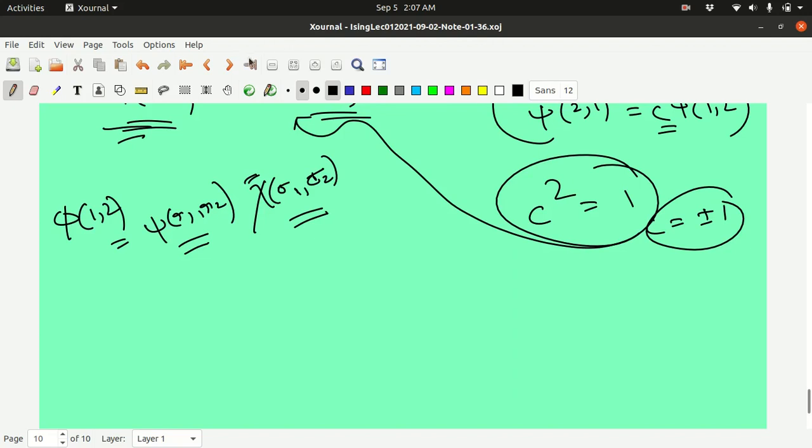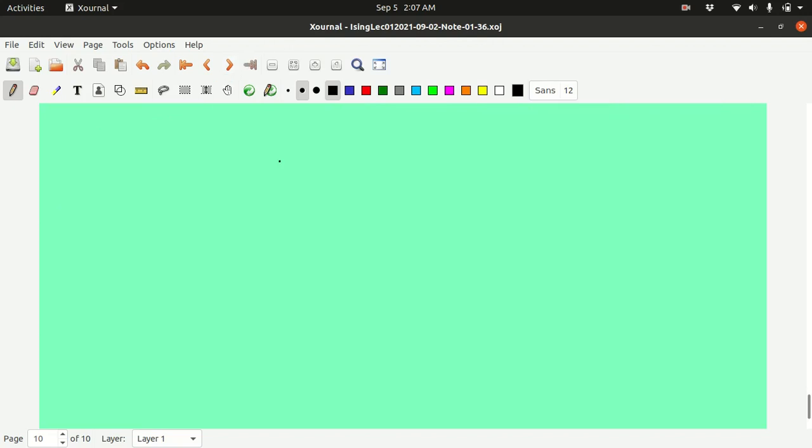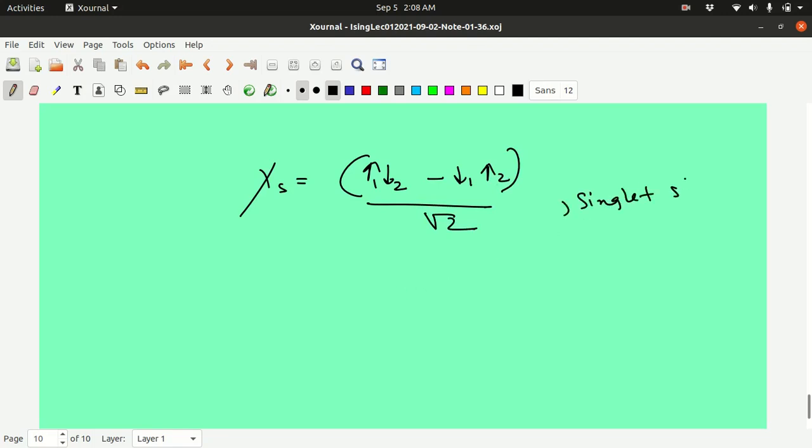Then there can be one anti-symmetric spin wave function, which let's rename as chi S, equal to up 1 down 2 minus down 1 up 2, divided by root 2. This is the only anti-symmetric wave function, and this is basically a singlet state with Sz equal to 0.